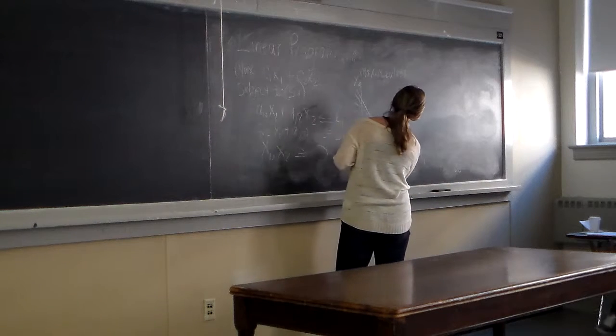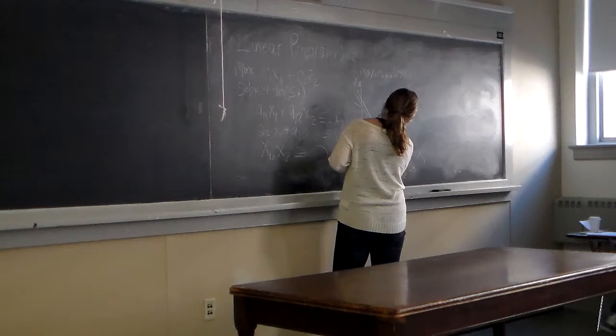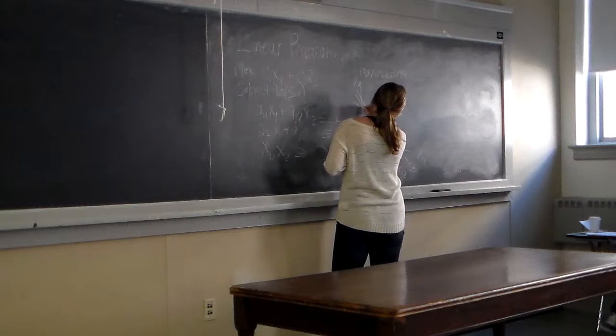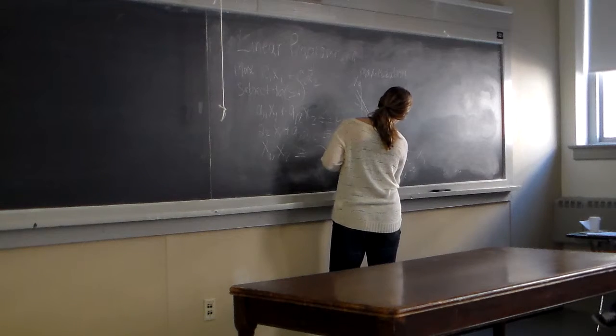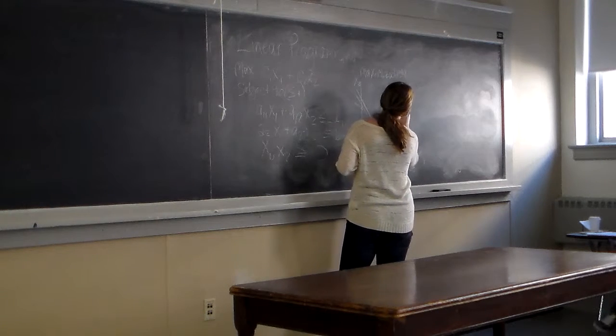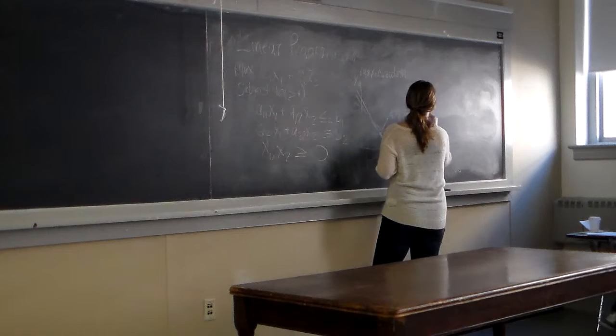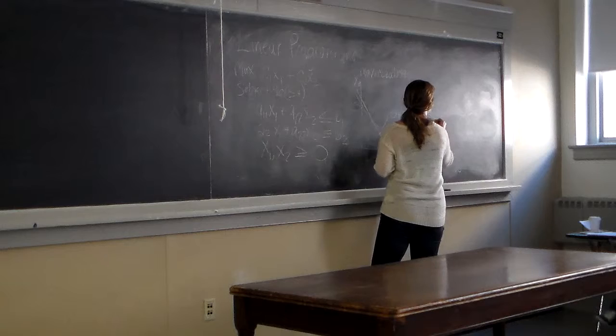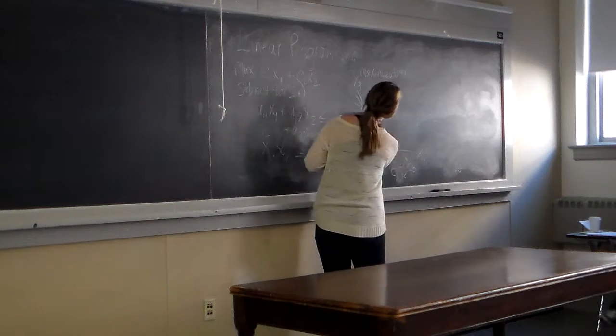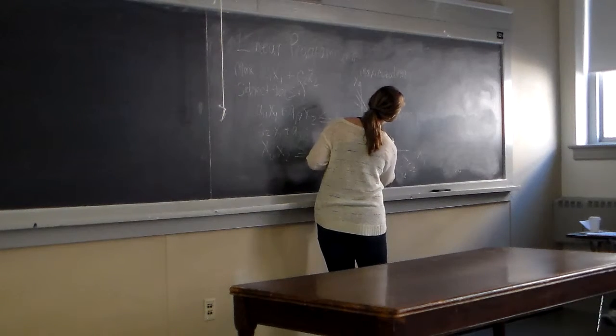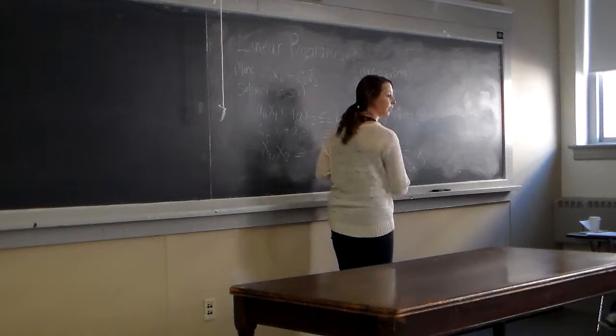Okay, so here we're going to have a few points where we're intersecting. And these are called our extreme points. And in the case of maximization, this is what I'm shading in right here, our feasible region.